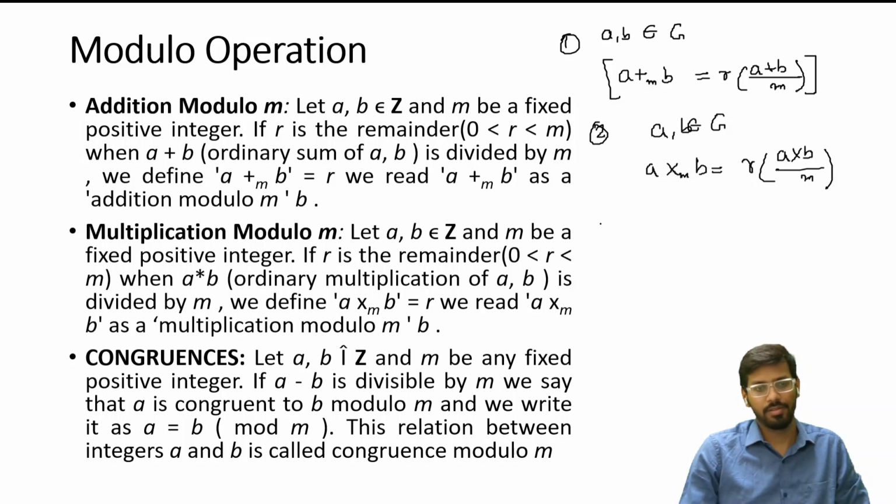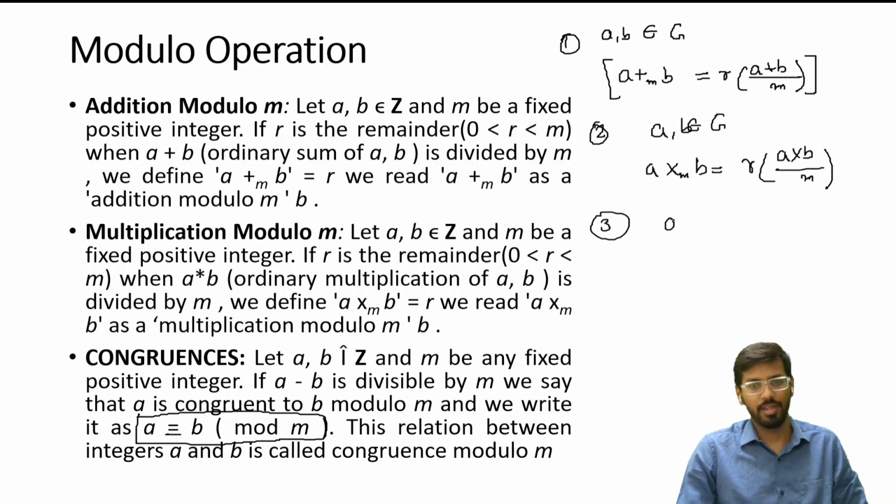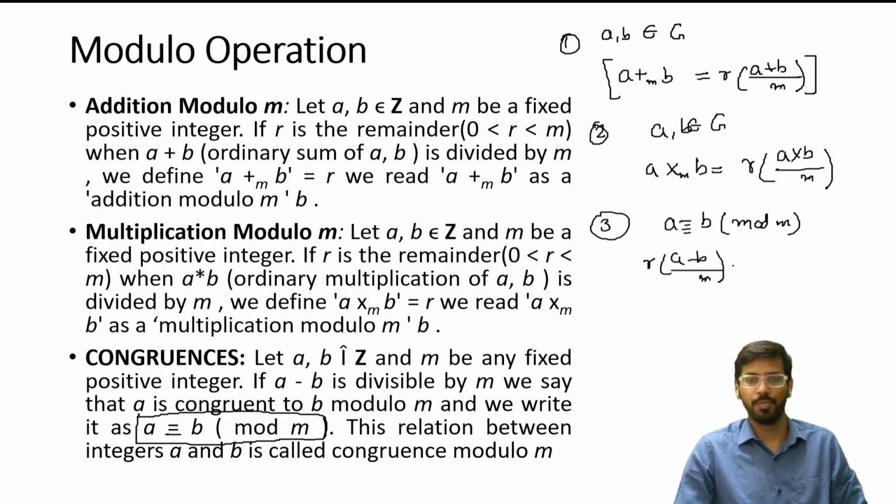In congruence, if we take A congruent to B mod n, we take this operation, then we can say third is congruence. If A congruent B mod n is equal to the remainder of A minus B divided by n, it should be equal to 0.